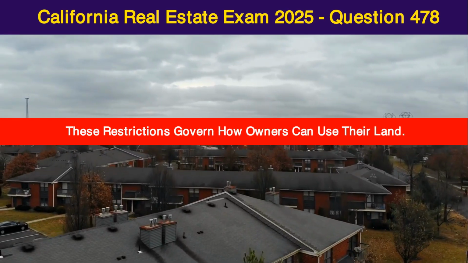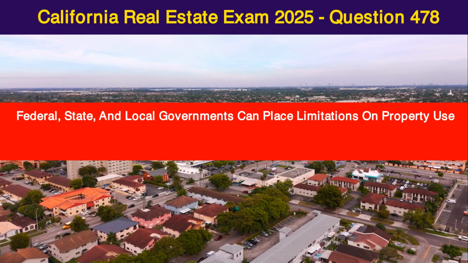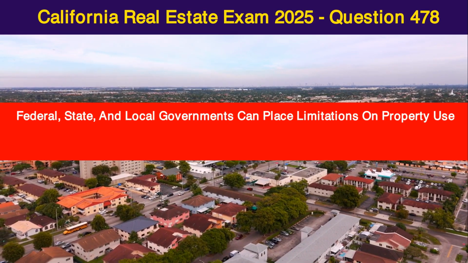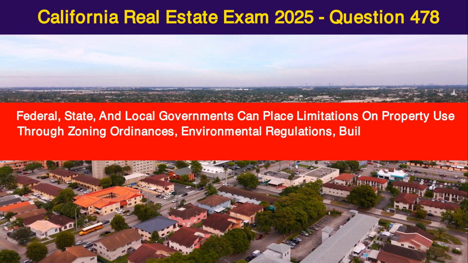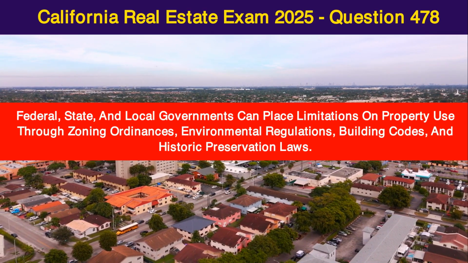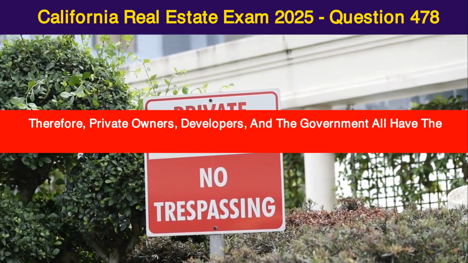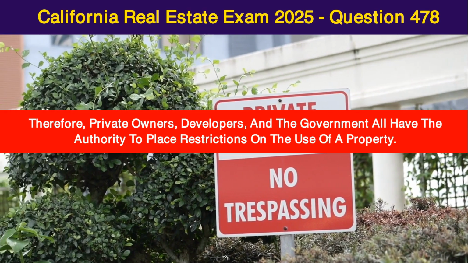These restrictions govern how owners can use their land. Federal, state, and local governments can place limitations on property use through zoning ordinances, environmental regulations, building codes, and historic preservation laws. Therefore, private owners, developers, and the government all have the authority to place restrictions on the use of a property.